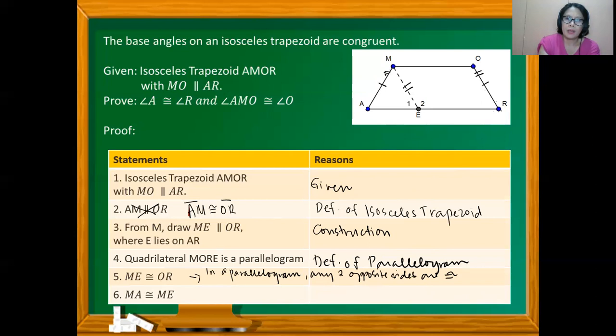And this is about the transitive property. From the previous statements, we have AM congruent to OR, ME congruent to OR. So we can say that AM is congruent to ME, which is statement number 6.